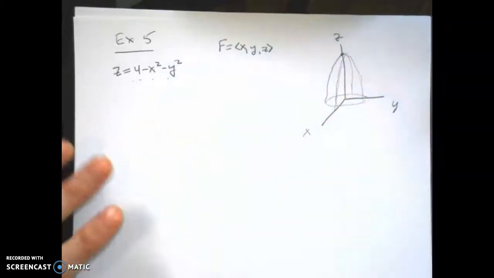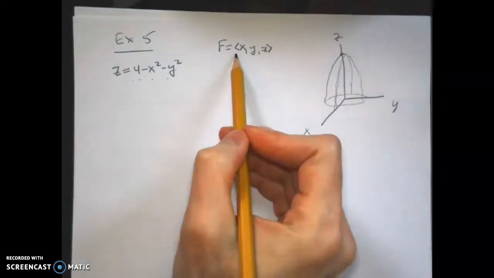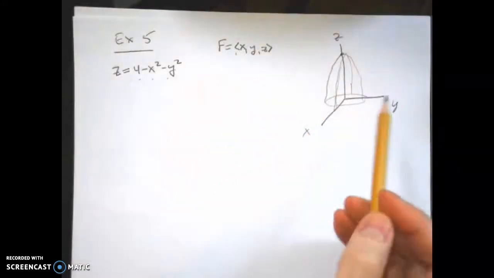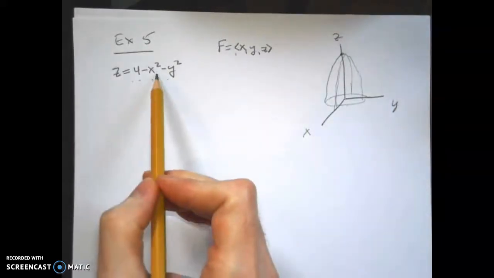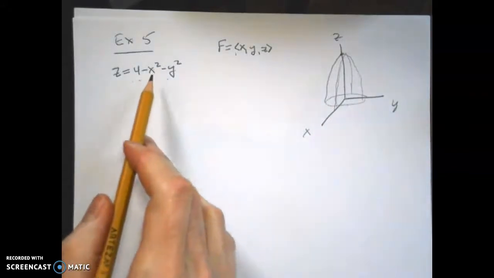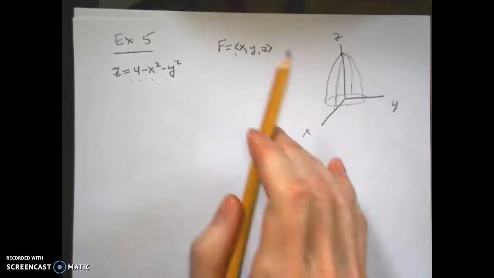Okay, and now we want to find the flux. So for this one, what does it say? Find the rate of mass flow through S. The question says a fluid of constant density rho is flowing through the surface according to this vector field right here.